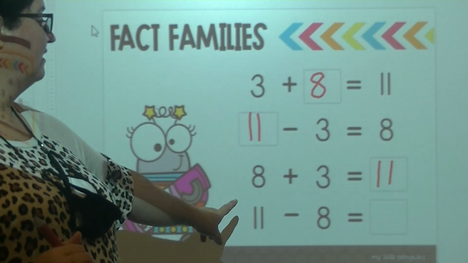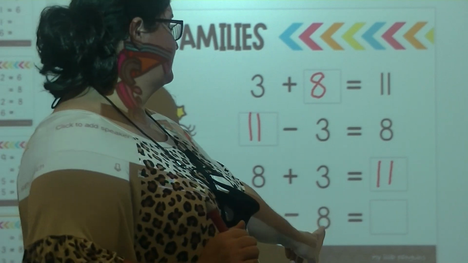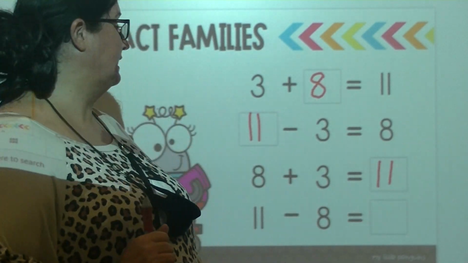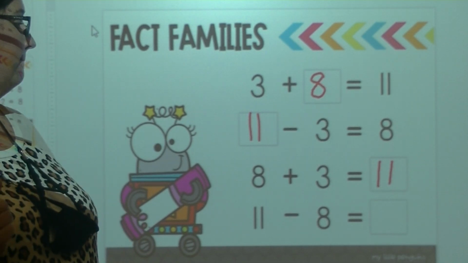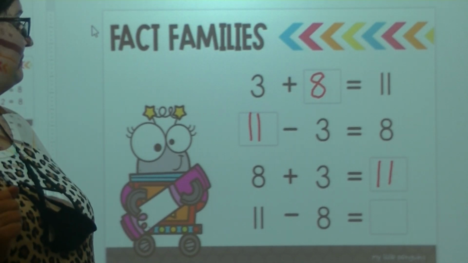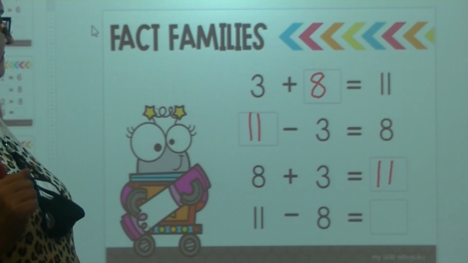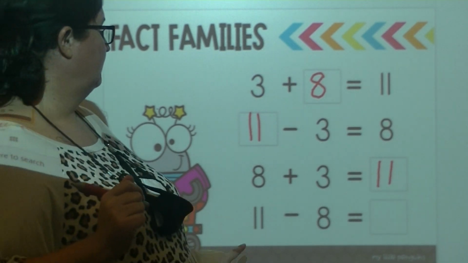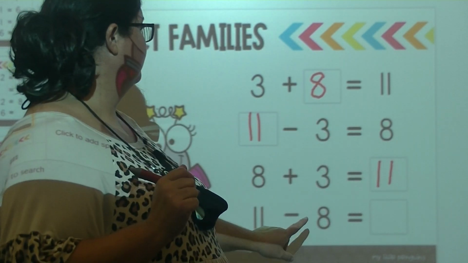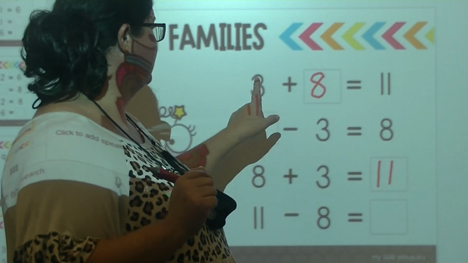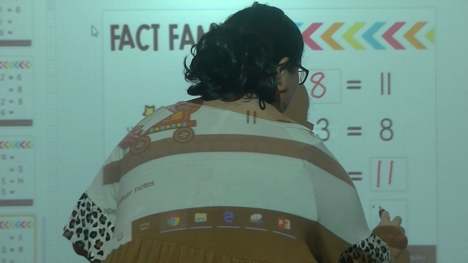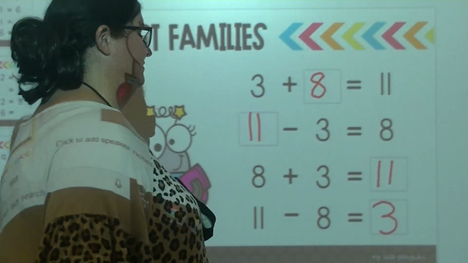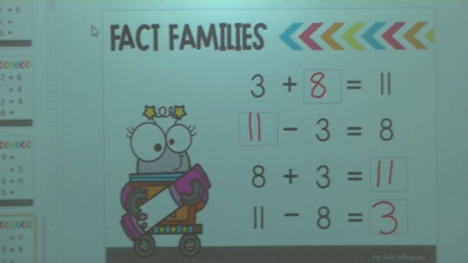And then 11 minus 8 equals blank. What number from our fact family are we missing? Now we have our 11, we have our 8, we are missing our 3.